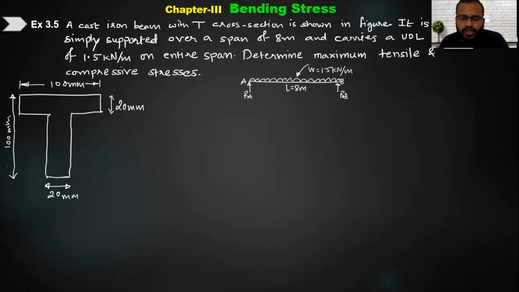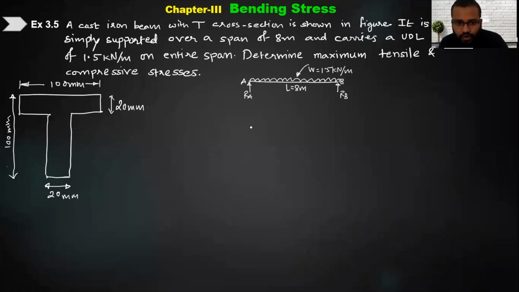As you know, we have already solved the UDL problem, and in UDL we know how the SFD and BMD come. The bending moment is going to be maximum at the central point, because the maximum value of loading effect will be at the center point.